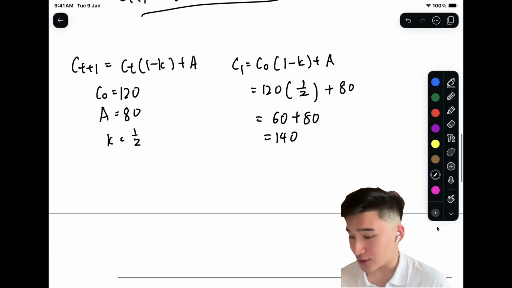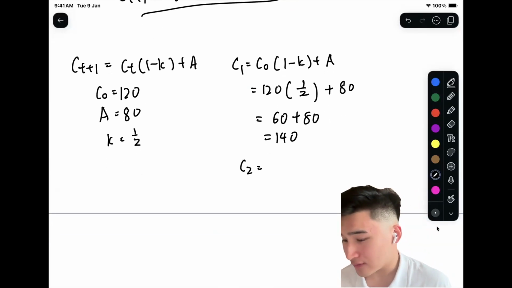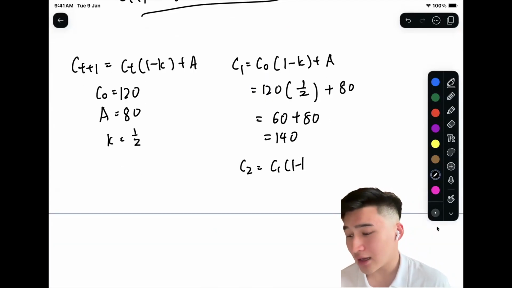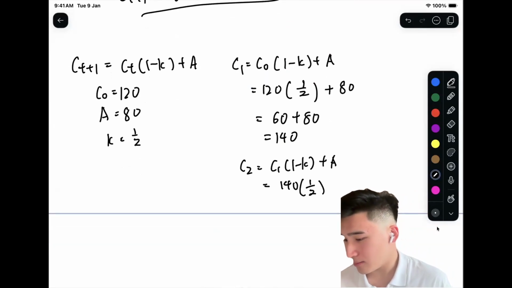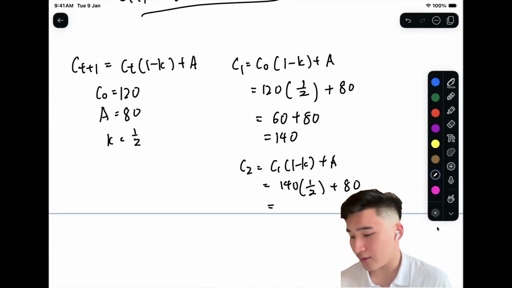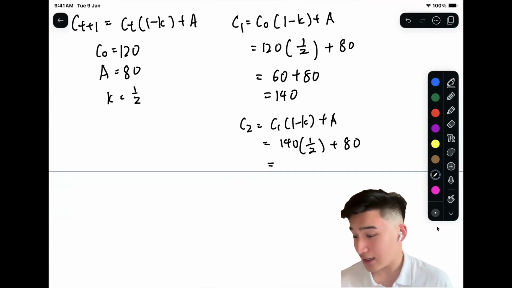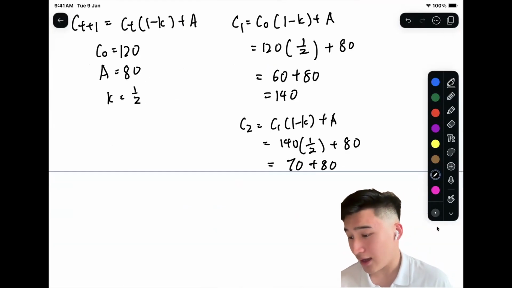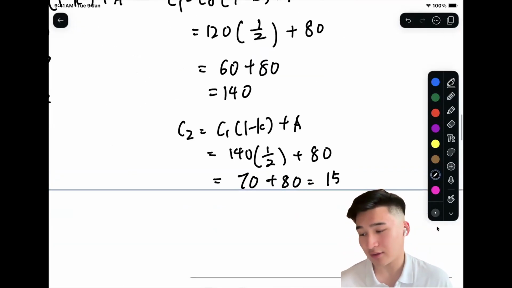And we can try it for C_2 as well. For C_2, we have C_1 times (1 − k) plus A, which equals 140 divided by 2 plus 80. Then we have 70 plus 80, we would have 150.